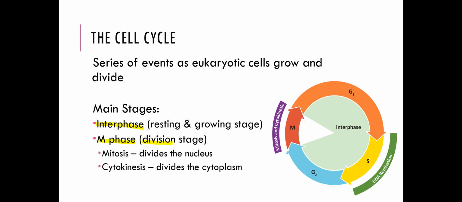This is when the cell is actually dividing, and there are two parts to division. We have mitosis, and that's where the M comes from, but it also includes cytokinesis. Both of these are division processes. Mitosis divides the nucleus, and cytokinesis divides the rest. So all of this is interphase, and then we have the M phase, which is mitosis and cytokinesis.